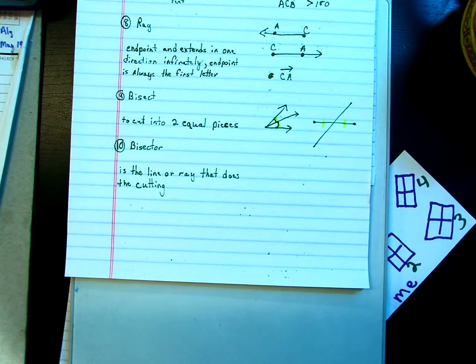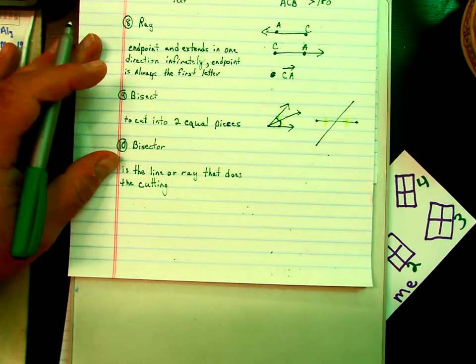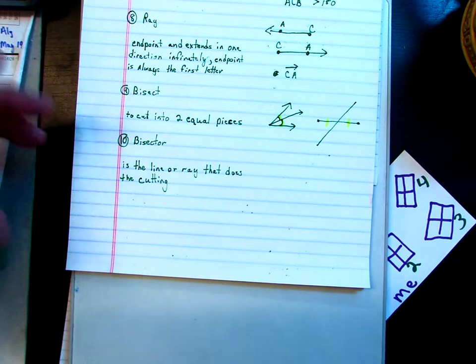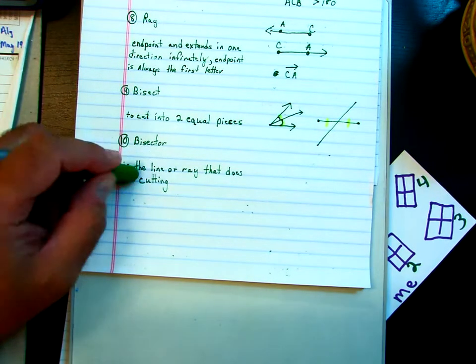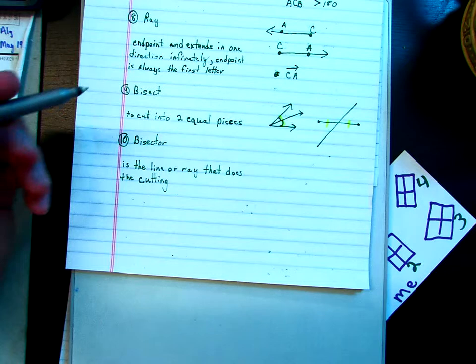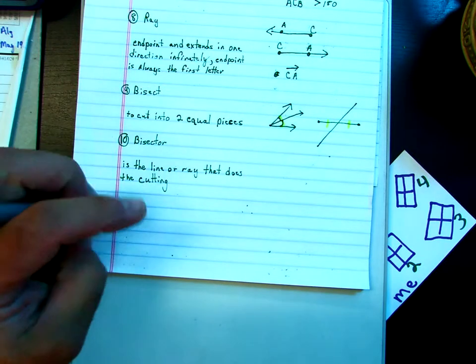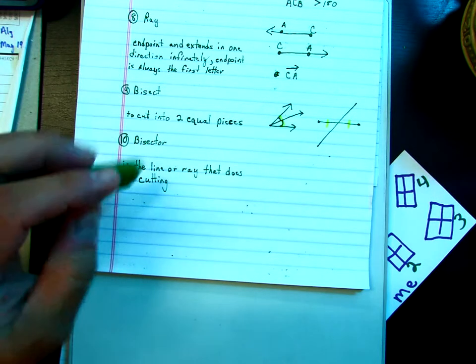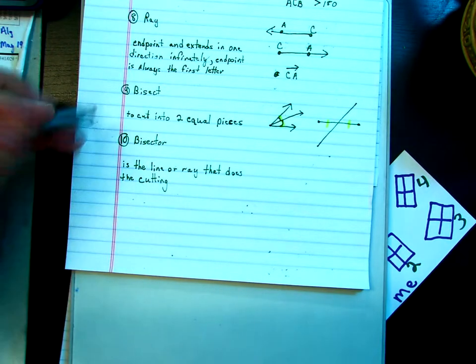It's the line or ray that does the cutting. Now, when I mean line or line segment, they're not the same, but it's a line, ray, or line segment that does the cutting. So you have something that is bisected, and then you have something that is the bisector. The bisector is the thing that does it. I call this the knife.